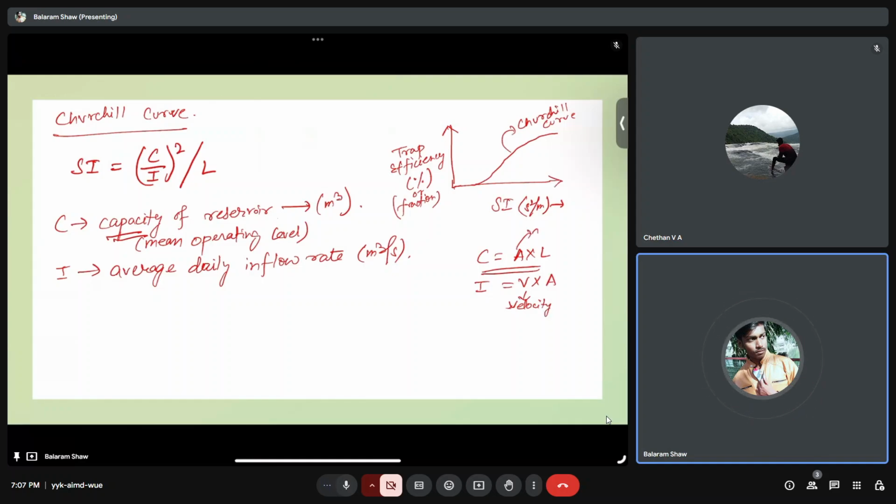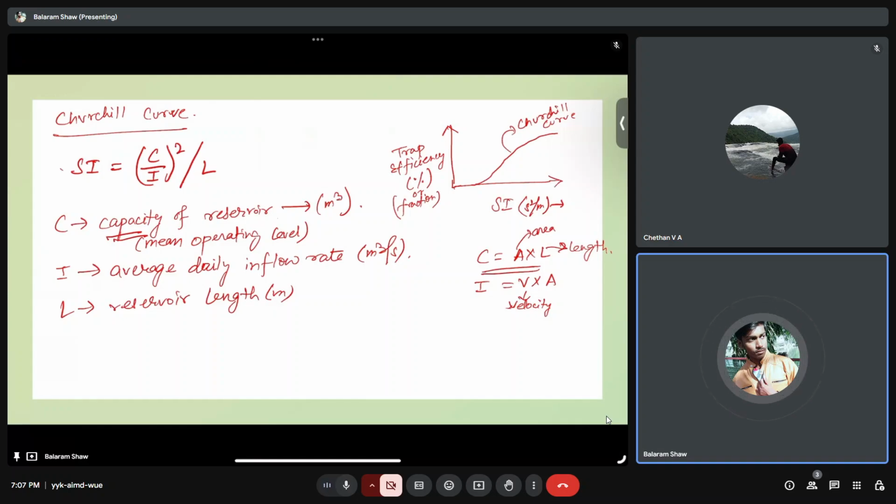This is the area, this is the length of the reservoir. And L is the reservoir length in meter. This is also at mean operating level. So whatever we are talking about, it will be at mean operating level.